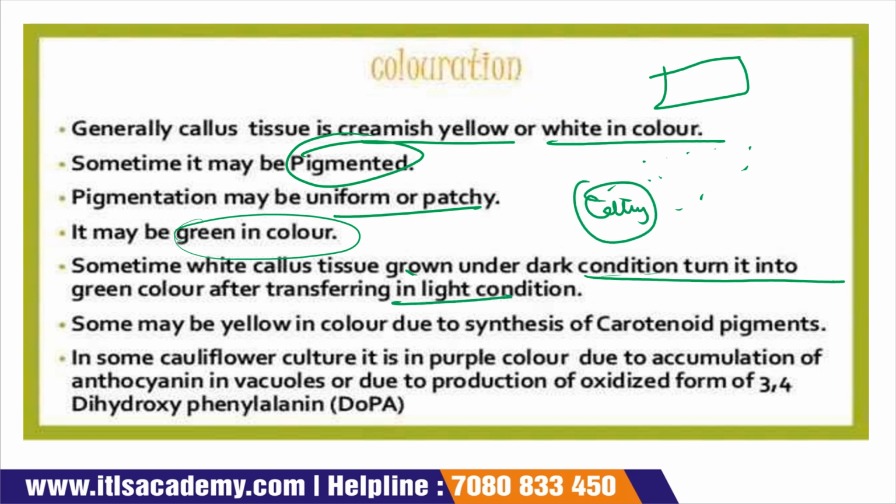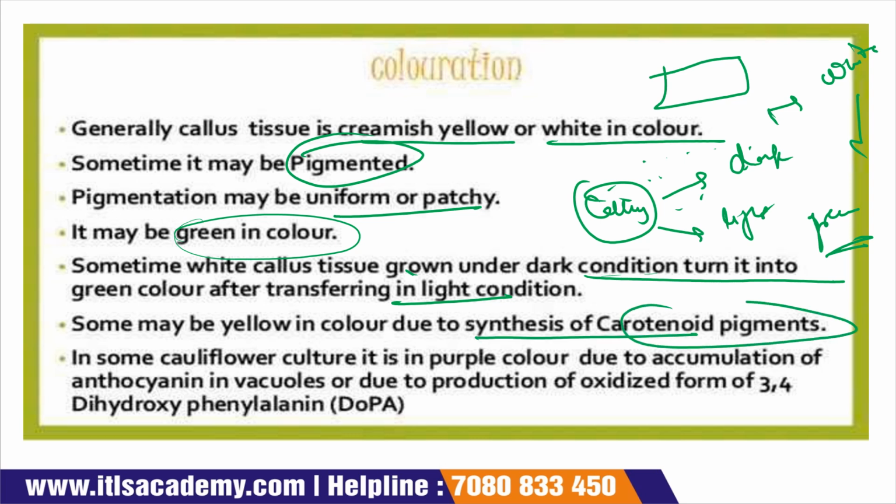This callus, when present in the dark, will be white, but when kept in light, the white color will convert into green. Some may be yellow in color due to the synthesis of carotenoid pigment.